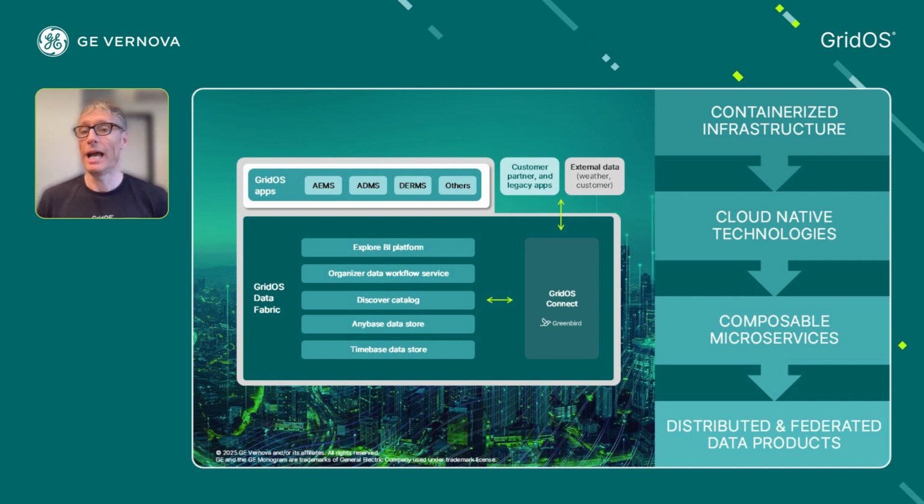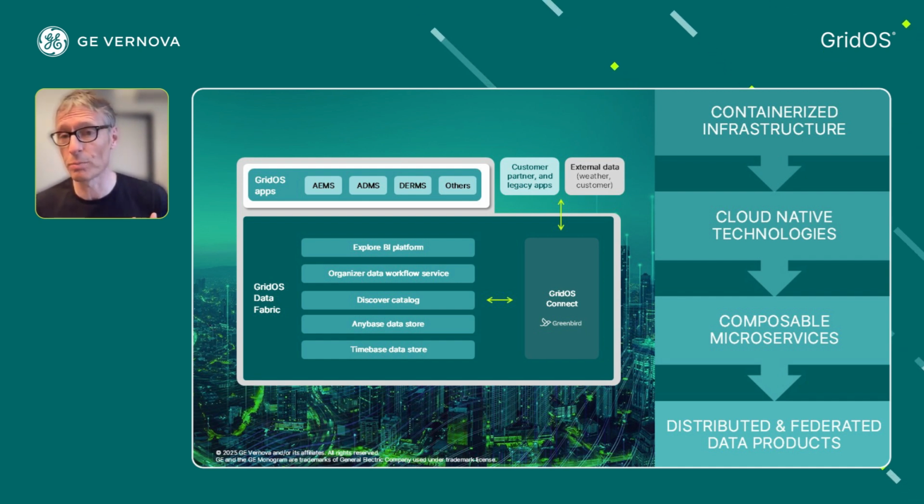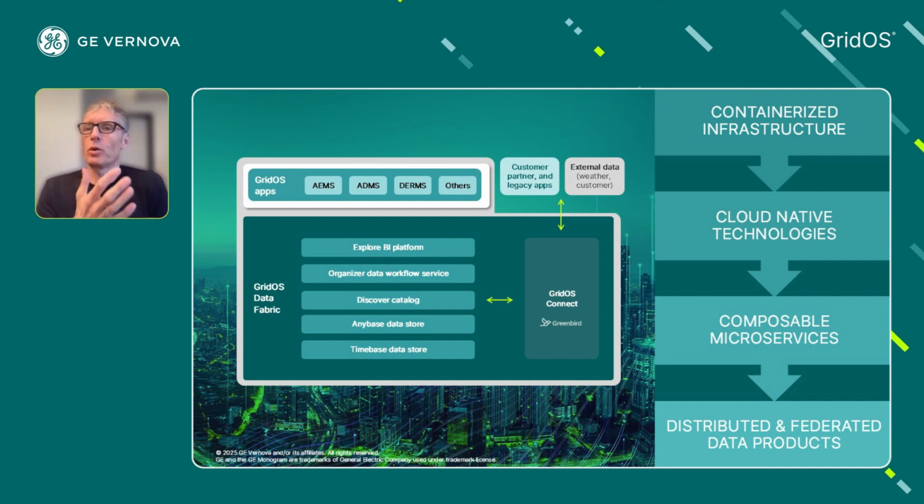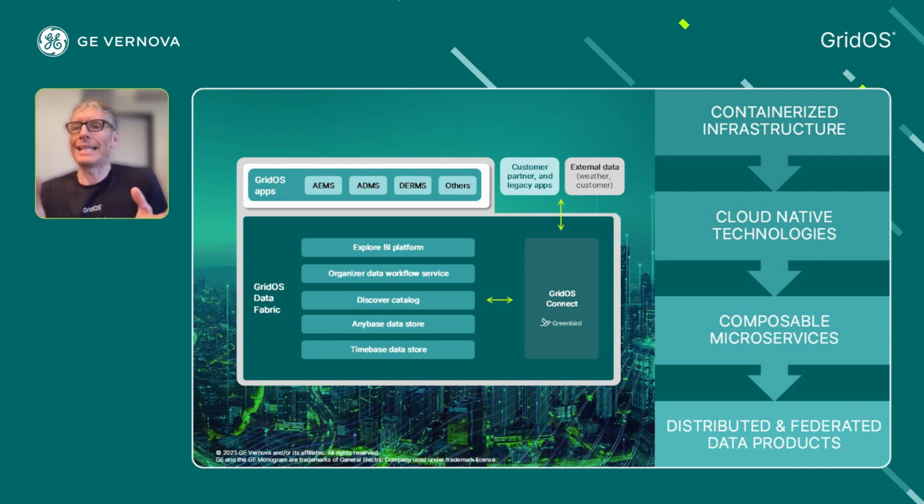Yeah. And something we forgot to mention, Paul, is, and of course we could speak for hours about the data fabric, it is built for operational use cases. It is built for utilities. That means high availability, disaster recovery is, of course, a capability that is in the platform.